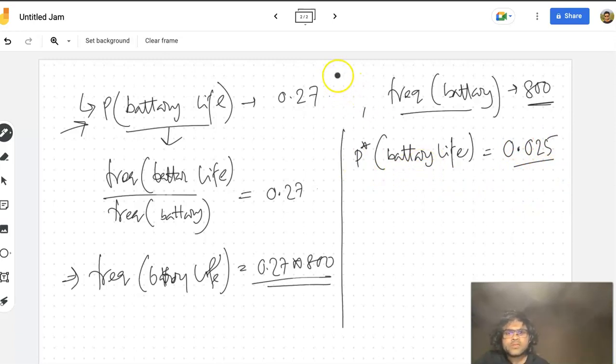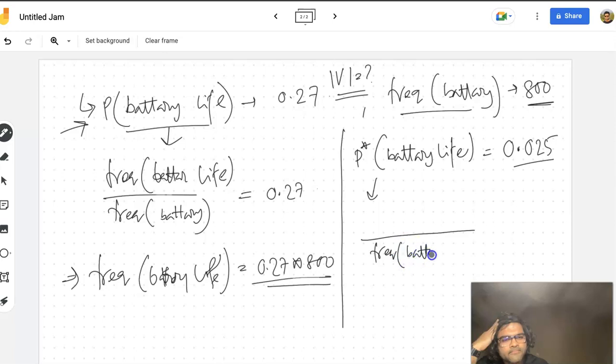So they are interested in knowing the size of V. From this formula, what can we do? What is the formula of Laplace smoothing? If you remember, P of "battery life" is the frequency of "battery life" over the frequency of "battery".